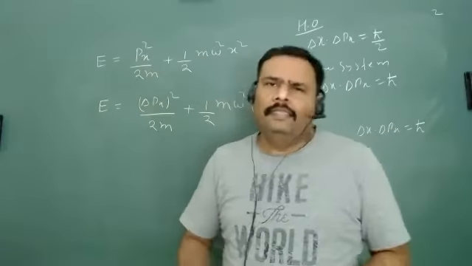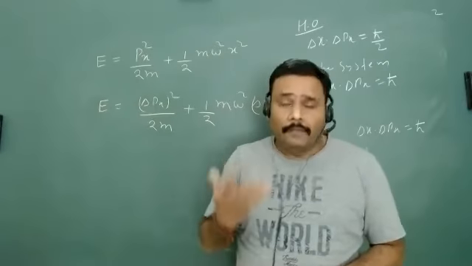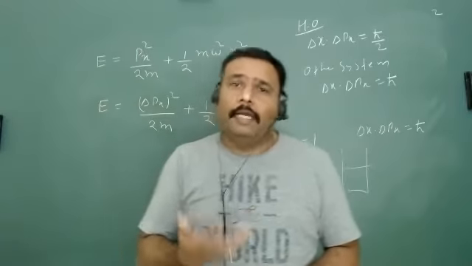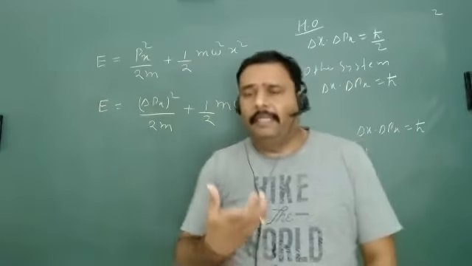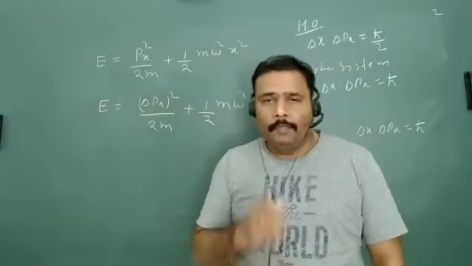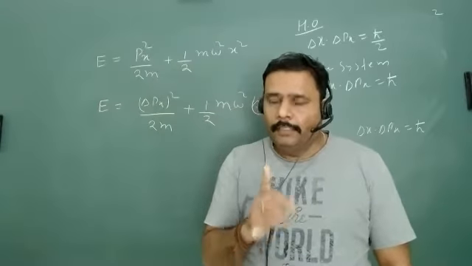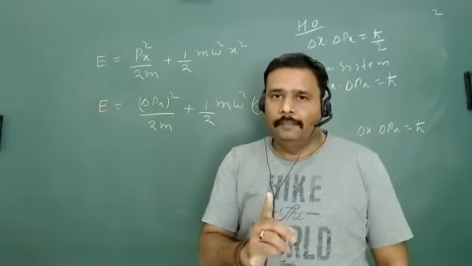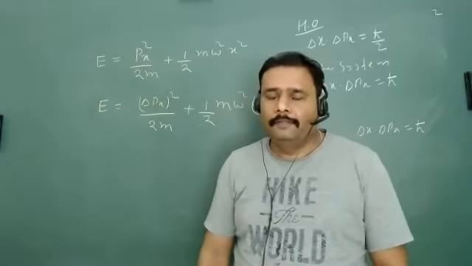So why is this the most symmetric system? Why is the harmonic oscillator so important? In any topic, you will get the harmonic oscillator because this is the most symmetric problem in physics. You can have x square, px square, everything is very nice.